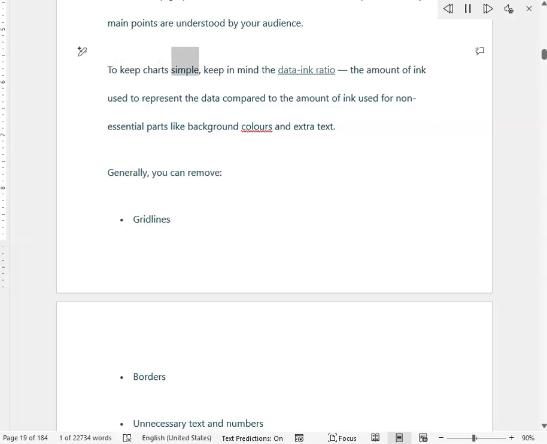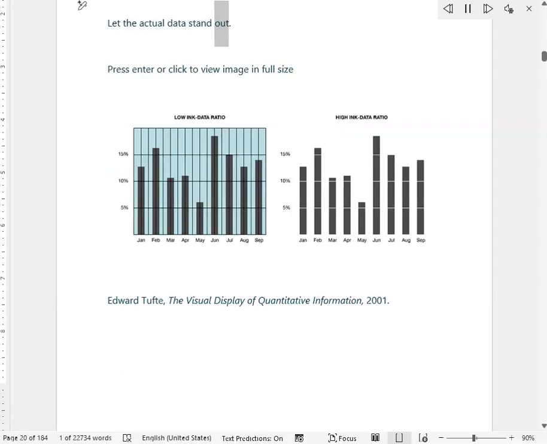To keep charts simple, keep in mind the data-ink ratio, the amount of ink used to represent the data compared to the amount of ink used for non-essential parts like background colors and extra text. Generally, you can remove grid lines, borders, unnecessary text and numbers. Let the actual data stand out.